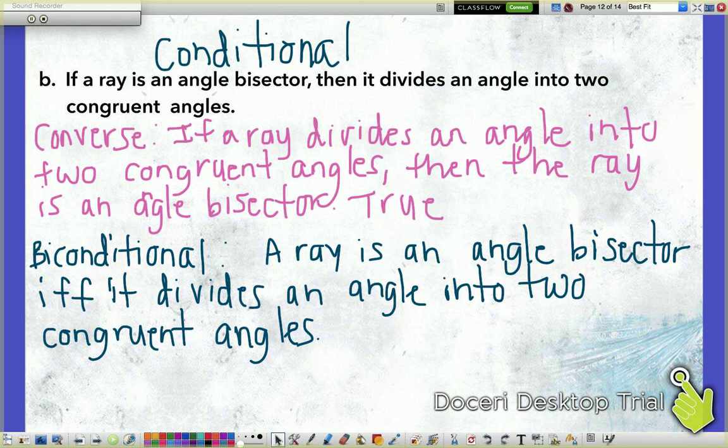Okay, but here's what students will do. They'll say, if a ray is an angle bisector, if and only if, then it divides an angle into two congruent angles. Okay, if you were to read that, it would make absolutely no sense. So, that is why.